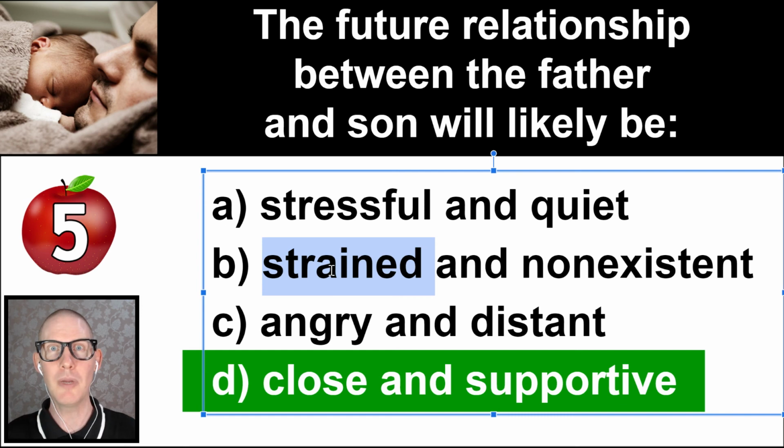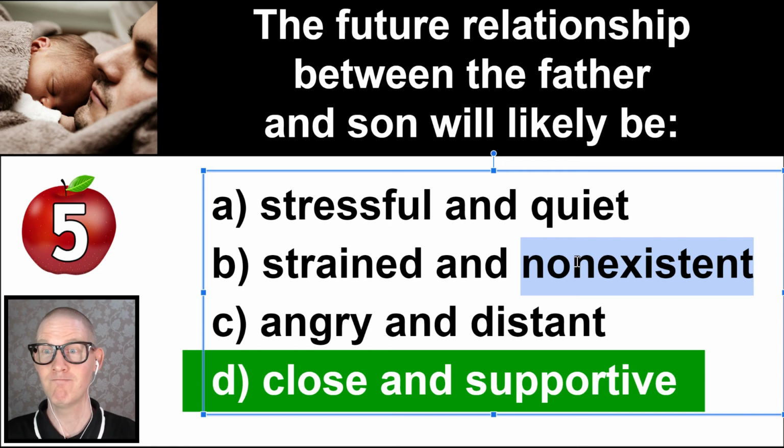That causes you pain and it hurts your body. You can also have it for a relationship. A strained relationship means, I don't really like you, but I kind of have to hang out with you, or I don't respect you at all. Strained is kind of like stressful. Non-existent just means there's none.